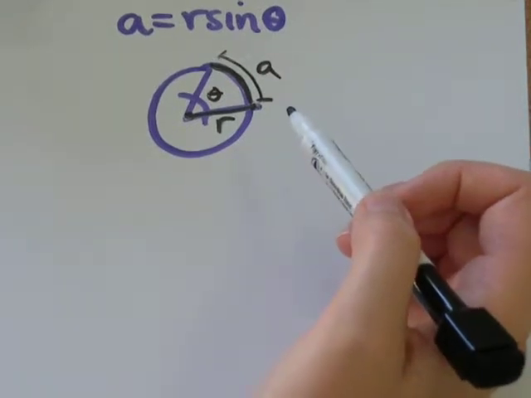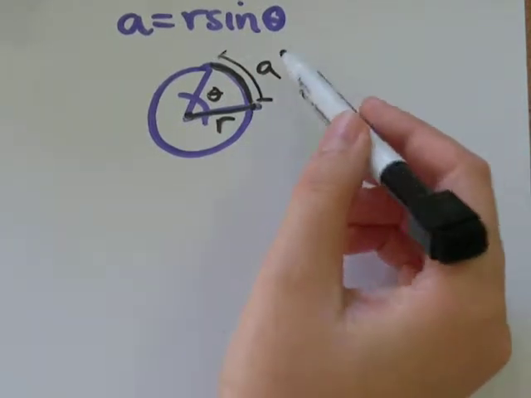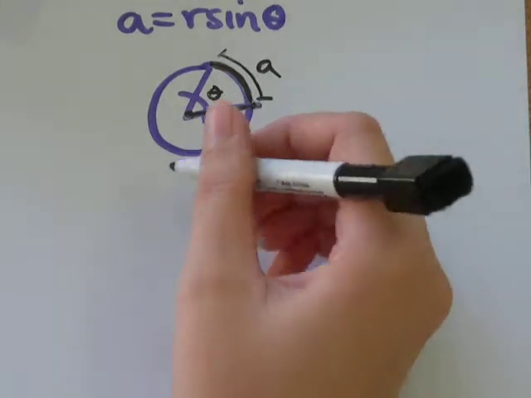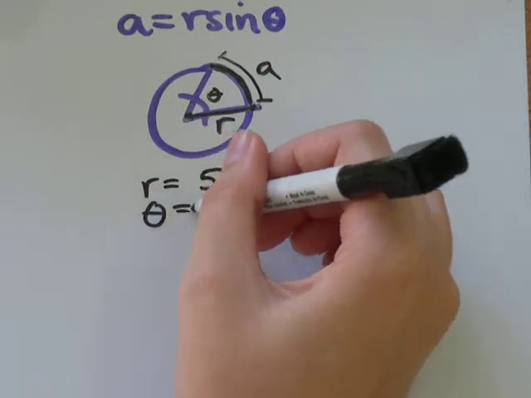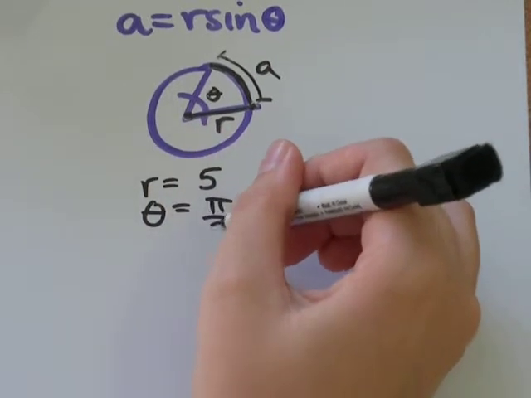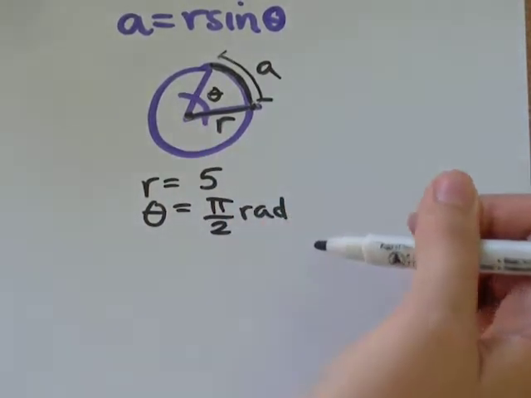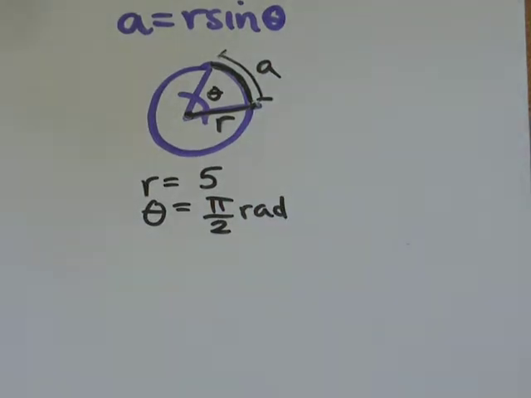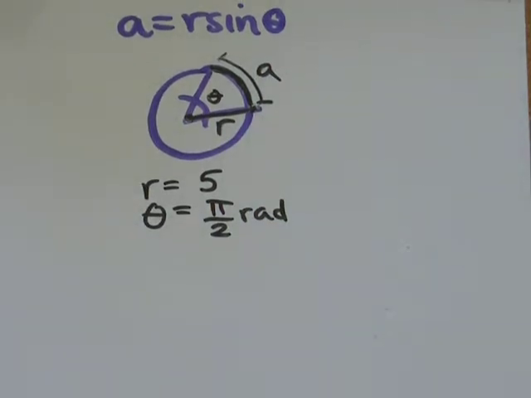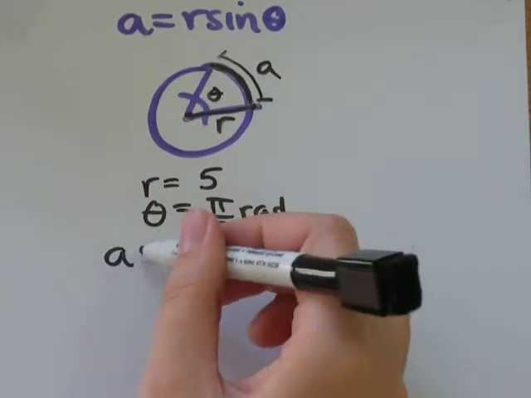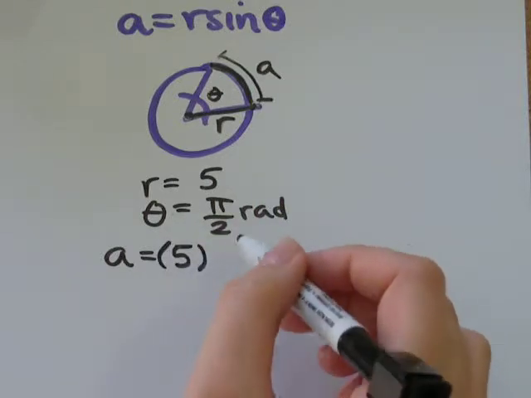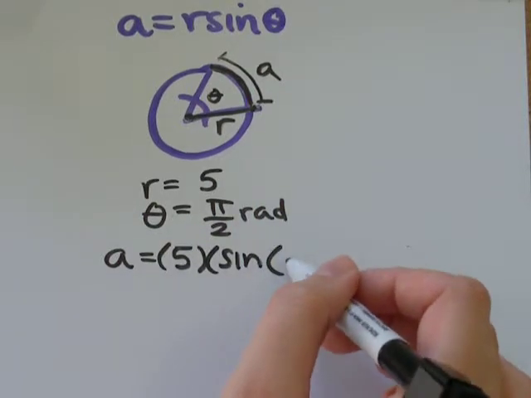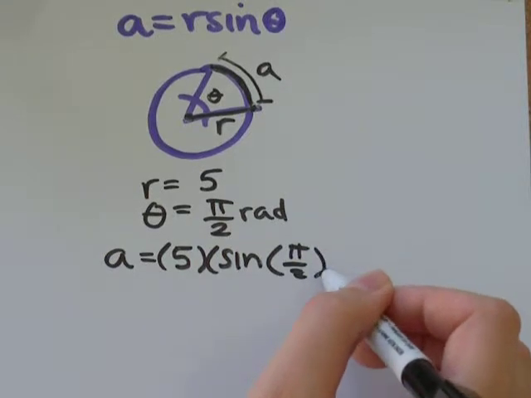So let's say that you wanted to find the arc length for a circle where the radius was equal to 5 and theta was equal to pi over 2 radians. So all we have to do is plug everything that we know into the formula. So A, we don't know. R is 5 times sine of pi over 2.